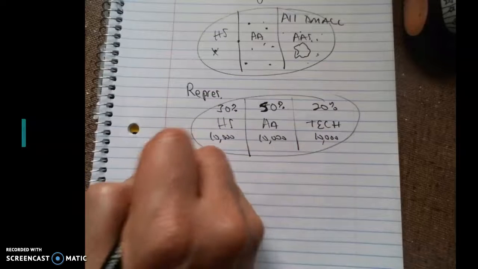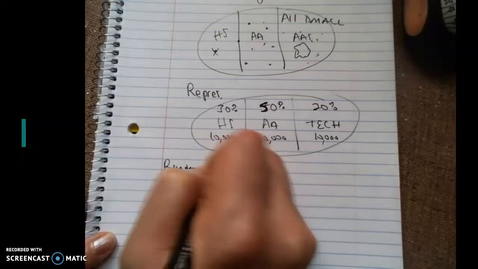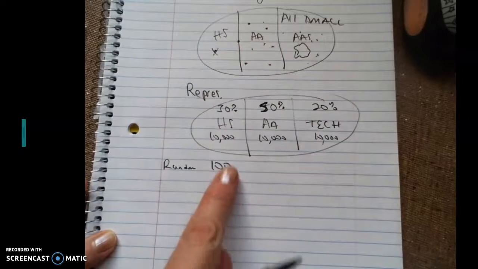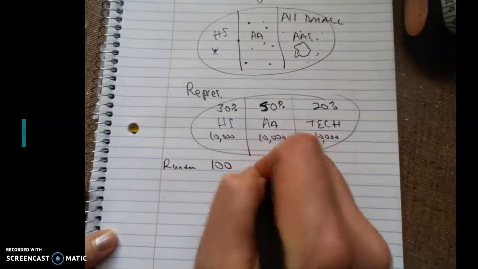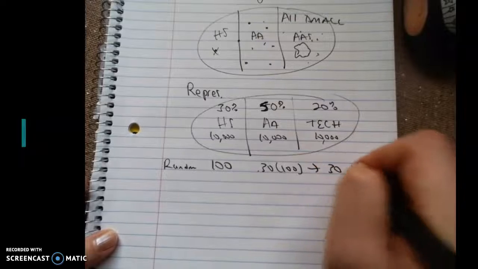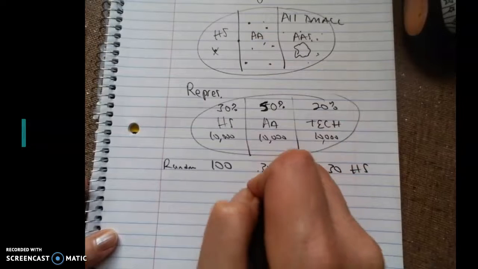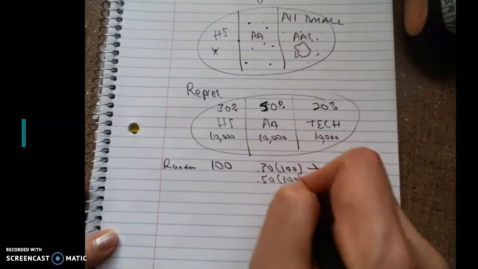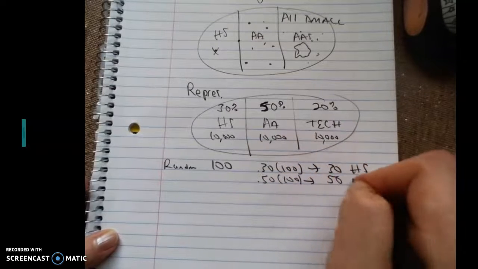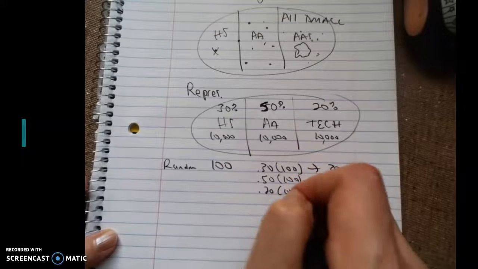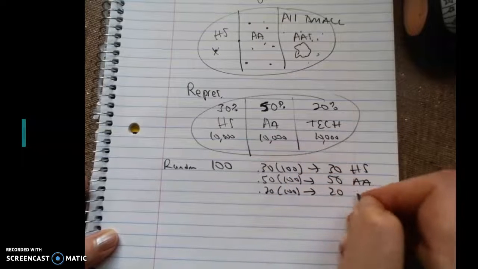Say you want a random sample of 100 people. Instead of just randomly grabbing 100, what you could do is take 30% of 100, and you would get 30 people that are concurrent enrollment or high school. Then we do 50% of 100, and we would want 50 people that are getting their AA. And then we do 20% of 100, and we would get 20 people that are getting tech.